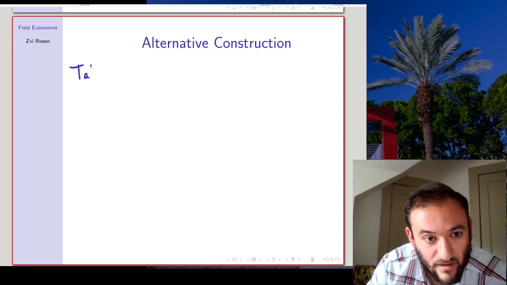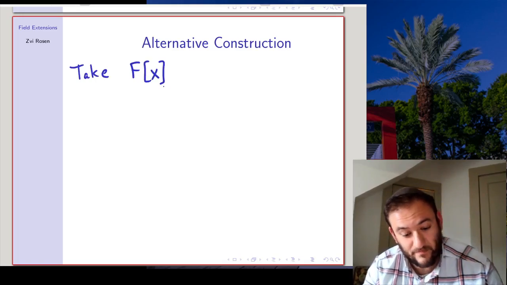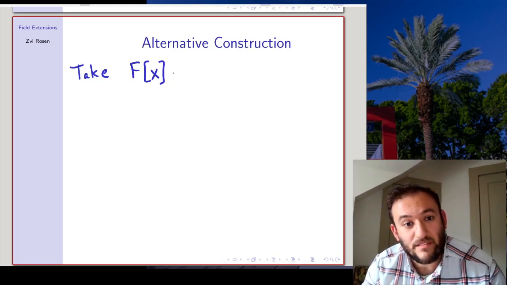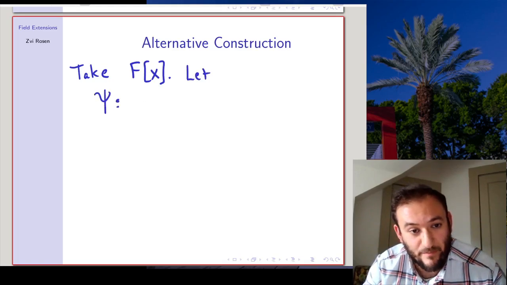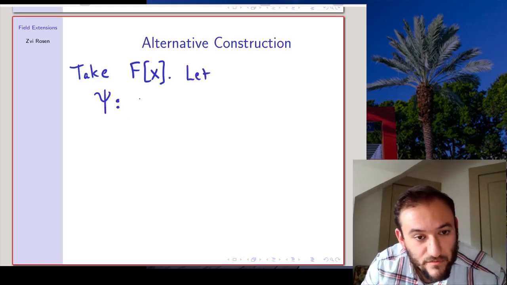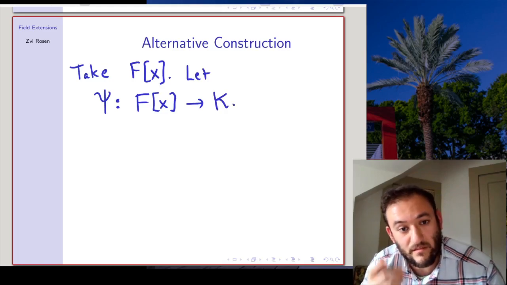So we want to take F[x], the polynomial ring, and then we want to map that with a map psi to K, to this larger field.